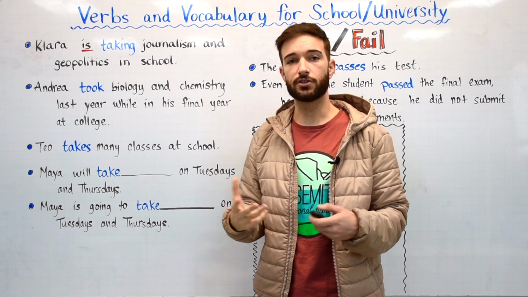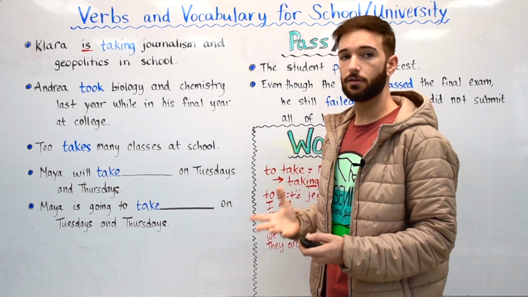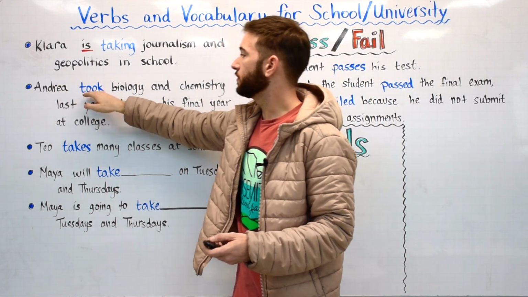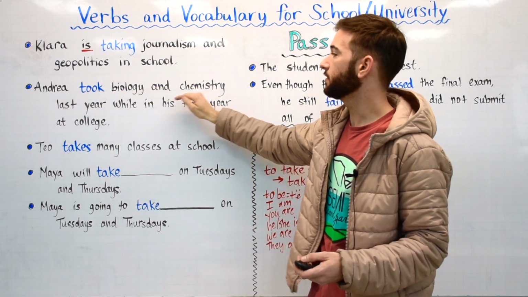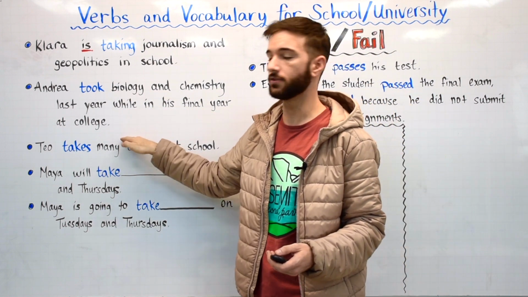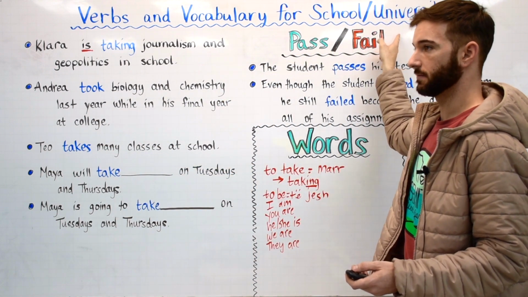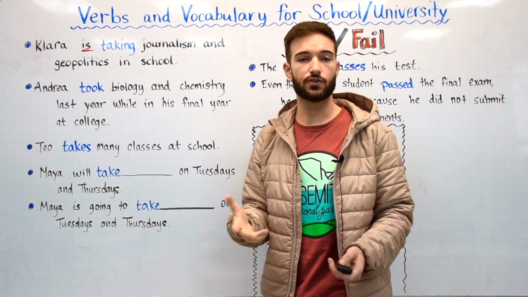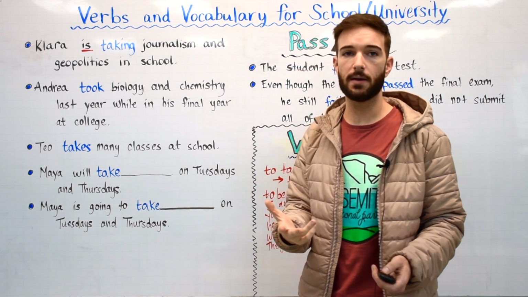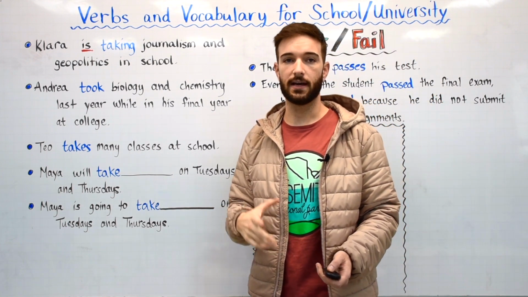Dua të përdor një shembull në kohën e kaluar. Shembulli i dytë thotë Andrea took biology and chemistry last year while in his final year at college. What is college? College is university. College is school. Andrea took biology and chemistry last year while at his final year at school.